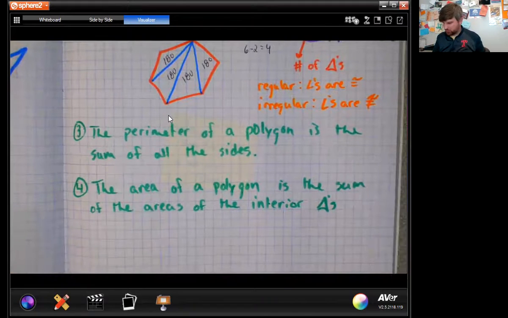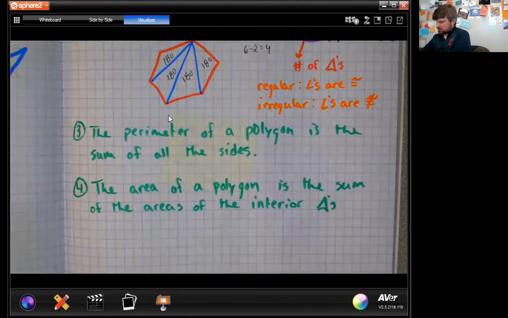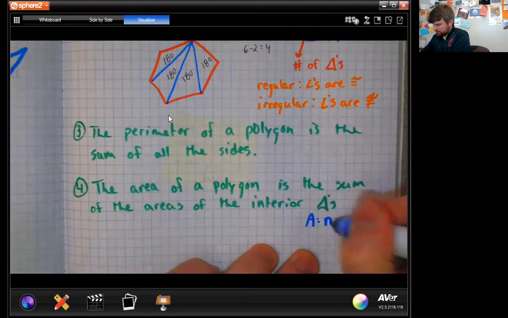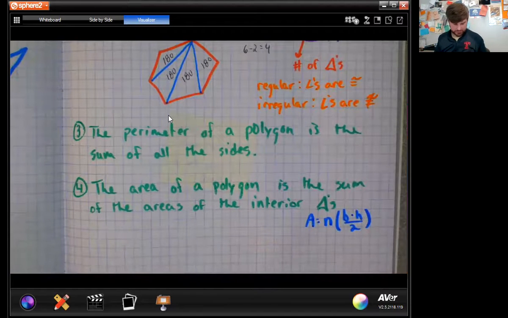Okay, and there's a formula for this, which is A, area, equals N times B times H over 2. Okay, and let's look at that. Okay, N is still the number of sides.